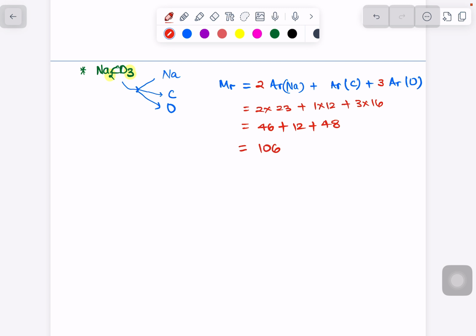So relative molecular mass of Na2CO3, Mr of Na2CO3 will be 106, and molar mass will be 106 gram per mole.